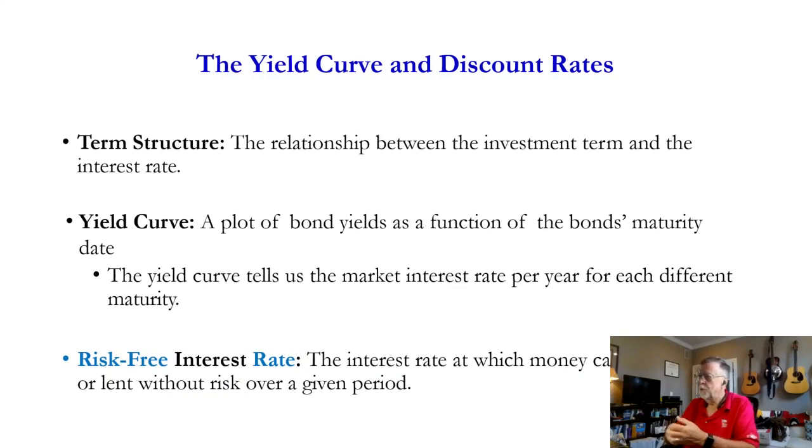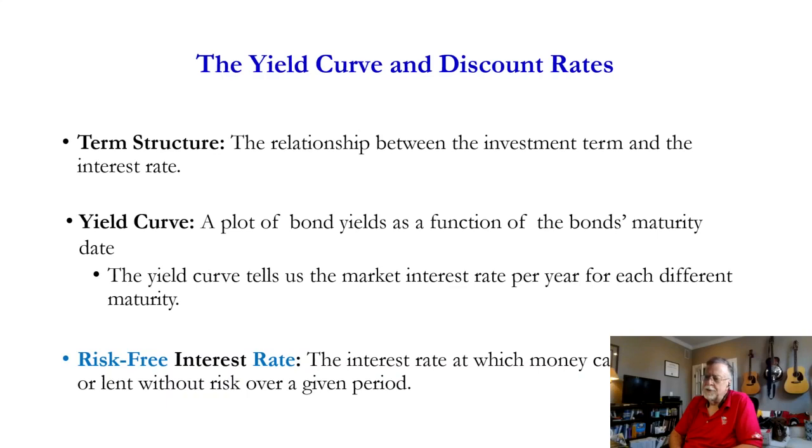Now, there's something called the risk-free interest rate, or the risk-free rate. We'll be talking a lot more about that in the future, but the risk-free rate is pretty much considered to be Treasuries, and it's the interest rate at which money can be borrowed or lent without risk over a given period. U.S. Treasuries have been considered a pretty safe bet because they haven't defaulted, knock on wood.